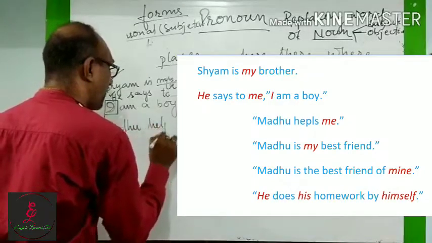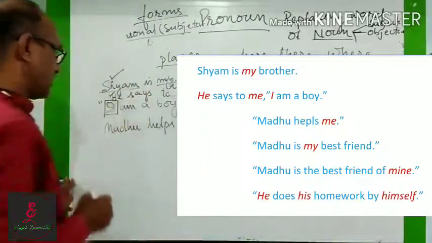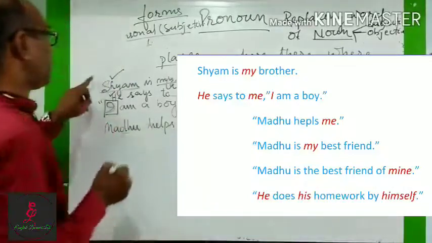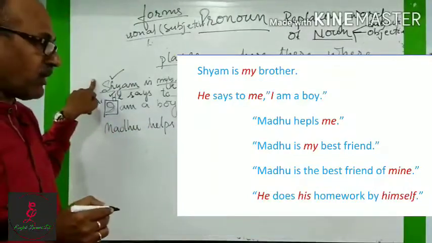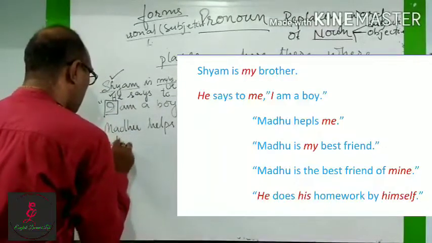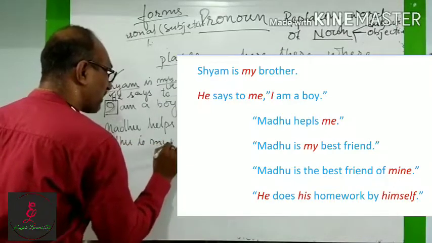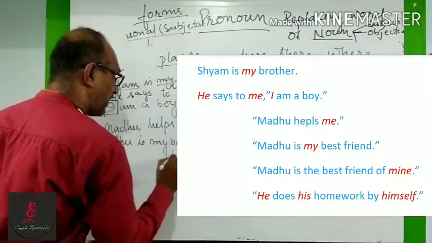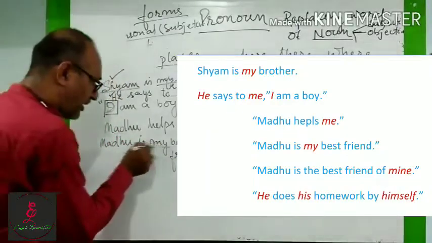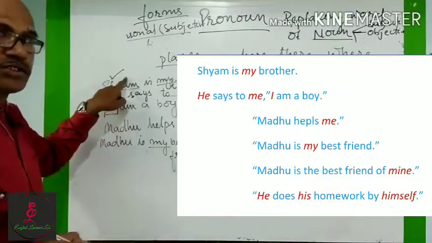Madhu helps me. Here Sham says that Madhu helps me. Here me is about Sham. Madhu is my best friend. Here my is possessive, and that is possessive of Sham.